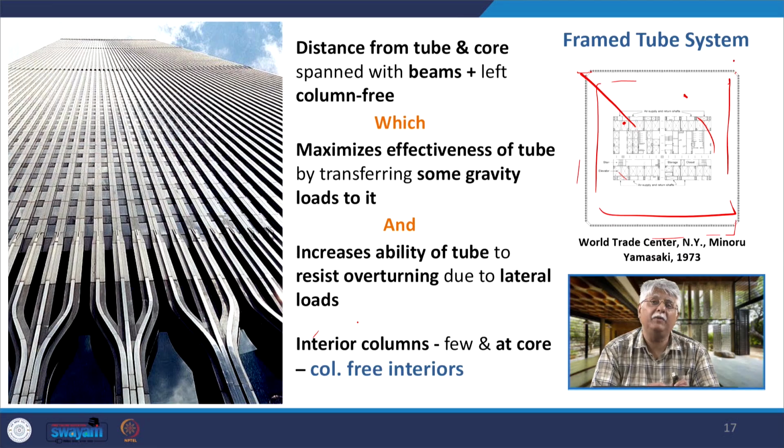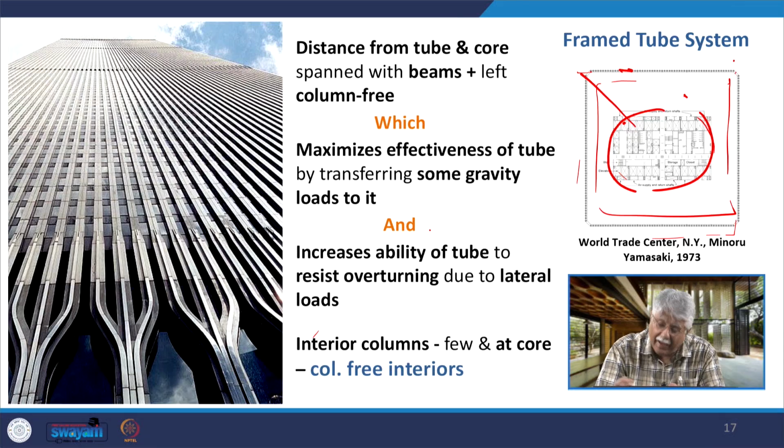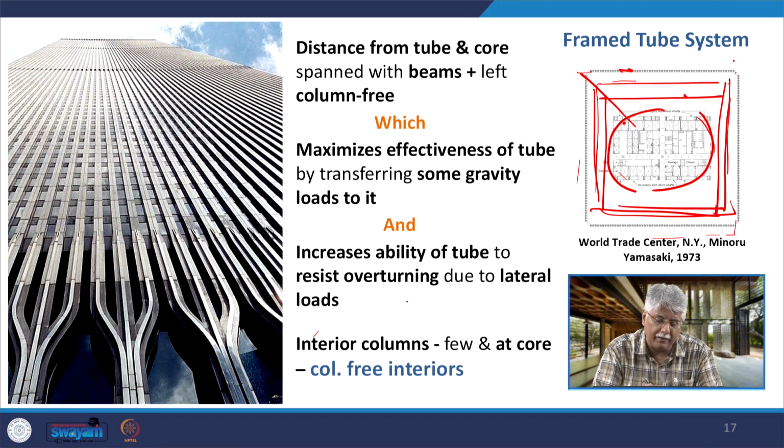The distance between this tube and this core are spanned with beams, and this entire area is left completely column free, which maximizes the effectiveness of the tube by transferring some gravity load to the tube, and again reminding you, it increases its ability to resist overturning due to wind forces or lateral load. Interior columns are few and at the core, and therefore it is mostly column free interiors on the inside.